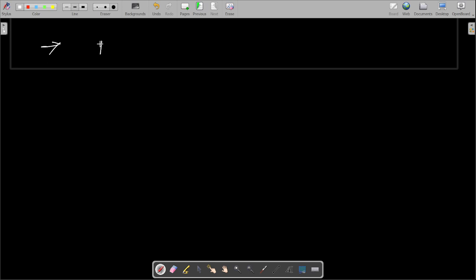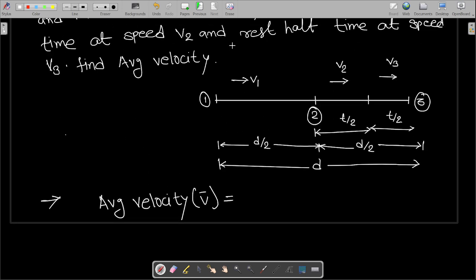It asks about the average velocity, that is v bar. First of all, see that here the time is the same but the velocity is different, and the distance traveled in the t by 2 time is different from the distance traveled in the other t by 2 time. So we can find the average velocity here.